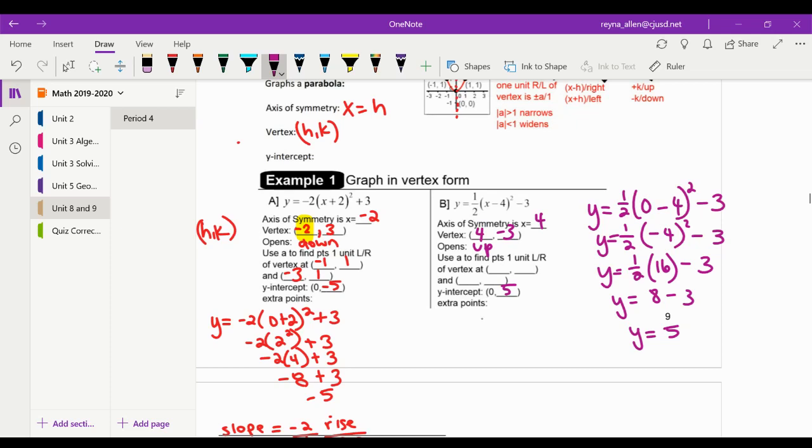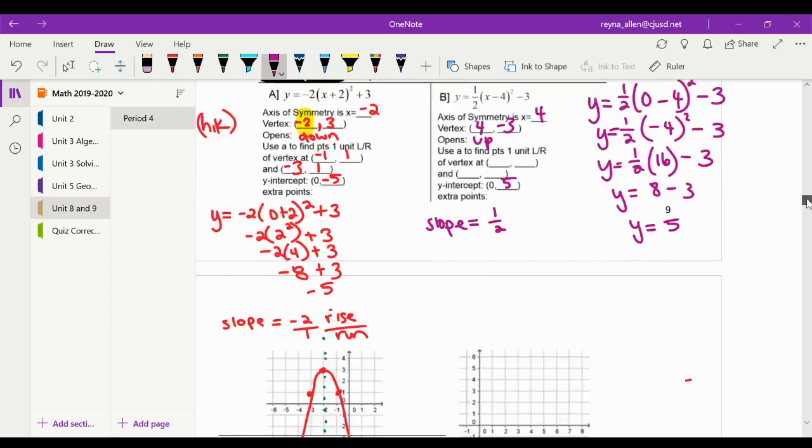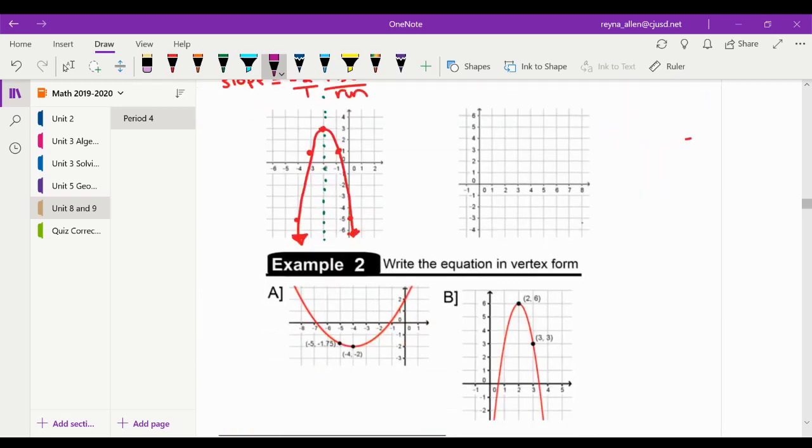And then for our extra point, we would do the slope. This one has a slope of 1/2. So we're going to use that to find the other point. So vertex of 4, negative 3. To the right 4, down 3. Axis of symmetry goes right down the middle.